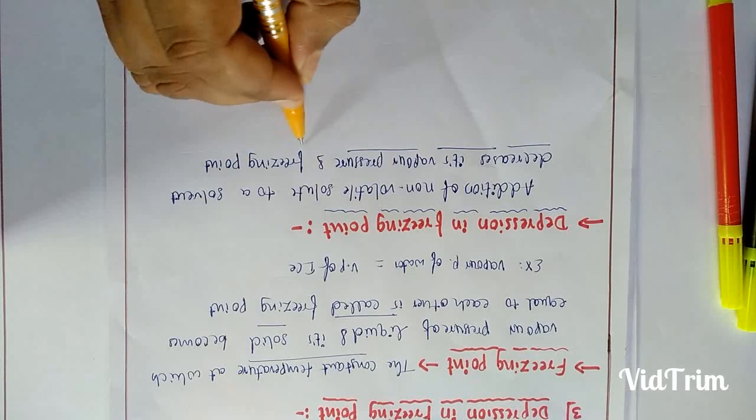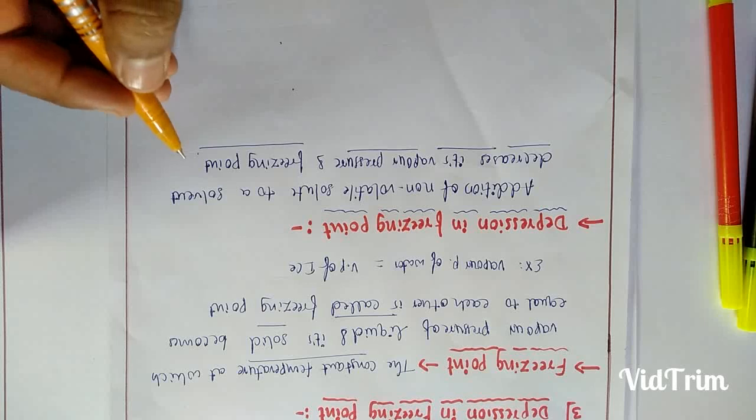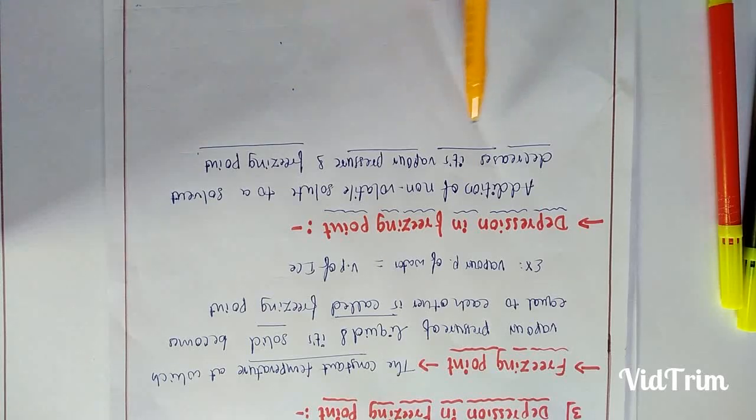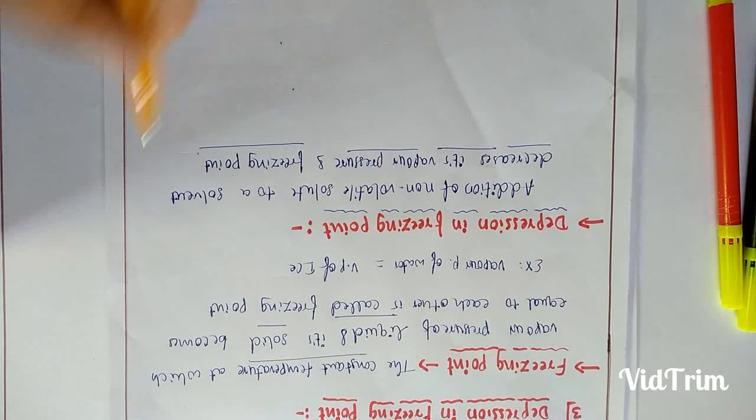By addition of a non-volatile solute to the solvent, its vapor pressure and freezing point both decrease. It is called depression in freezing point.